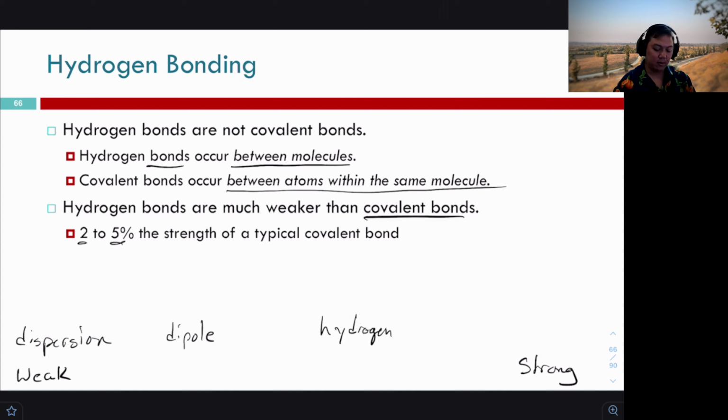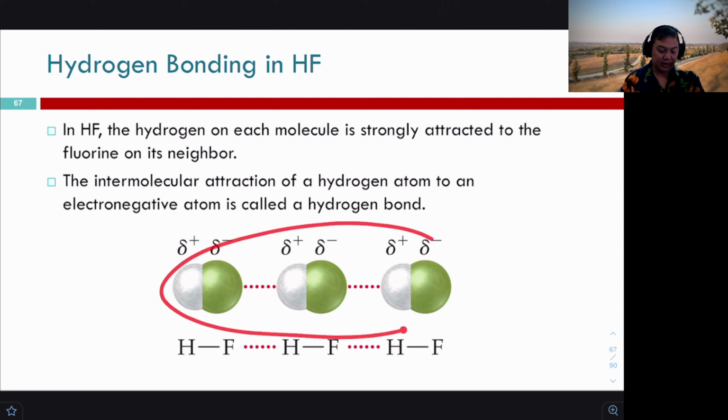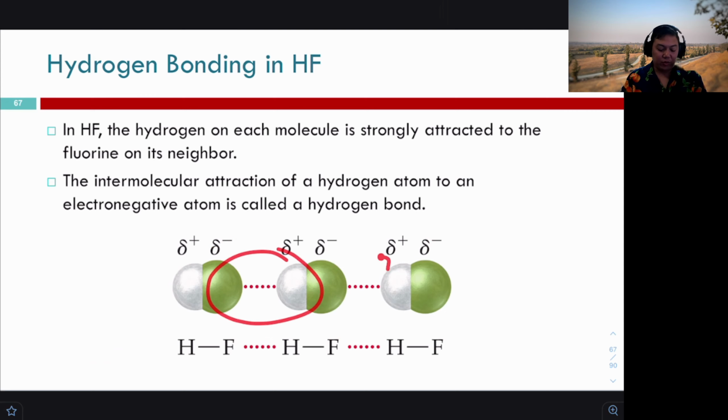So for hydrofluoric acid, HF, the hydrogen in each molecule is strongly attracted to the fluorine on its neighbor. So you get them lining up like this, and you get this very strong intermolecular force between the hydrogens and fluorines of separate molecules.